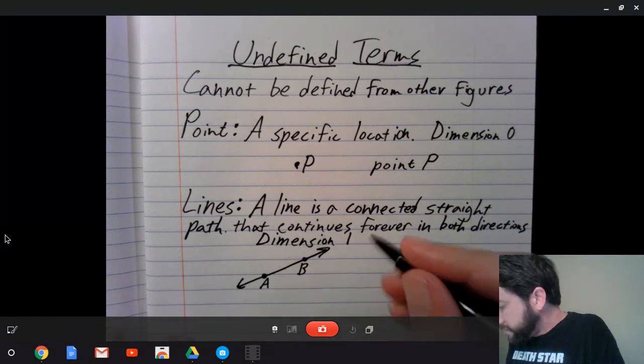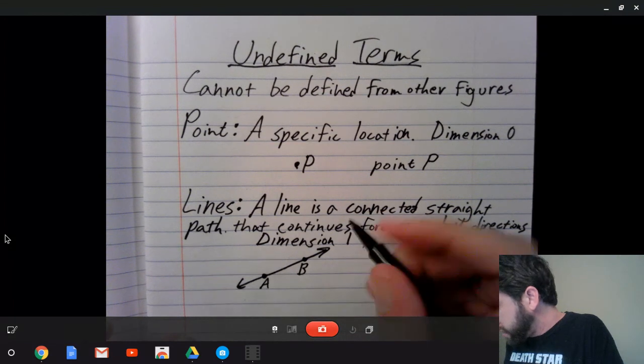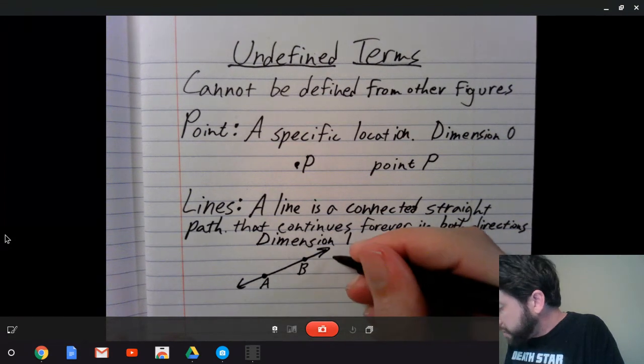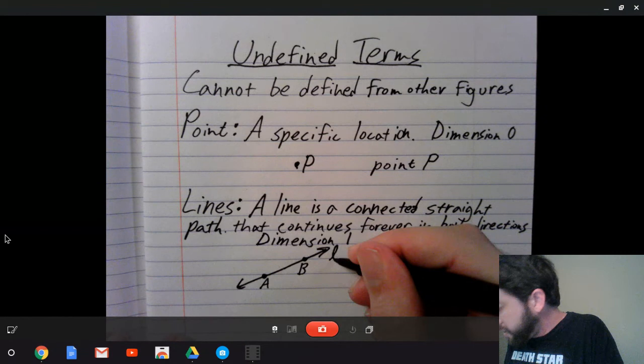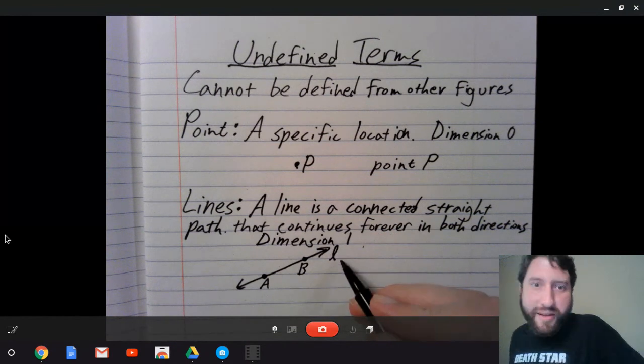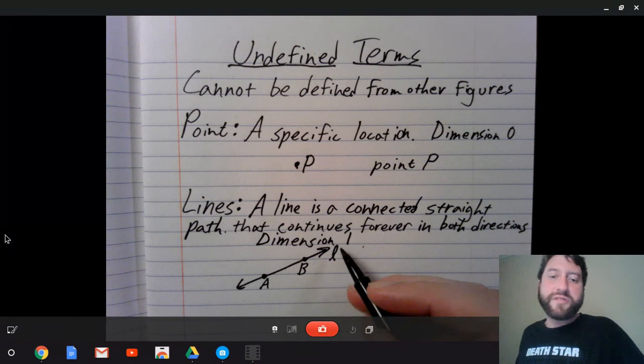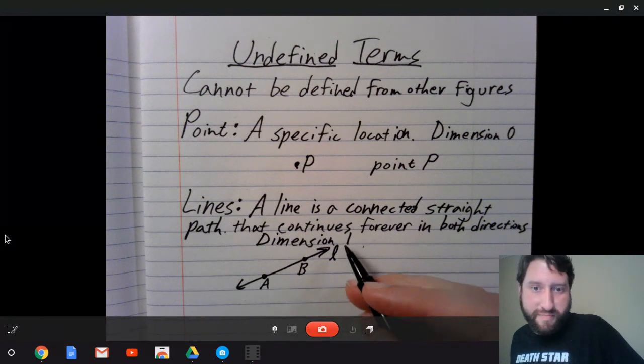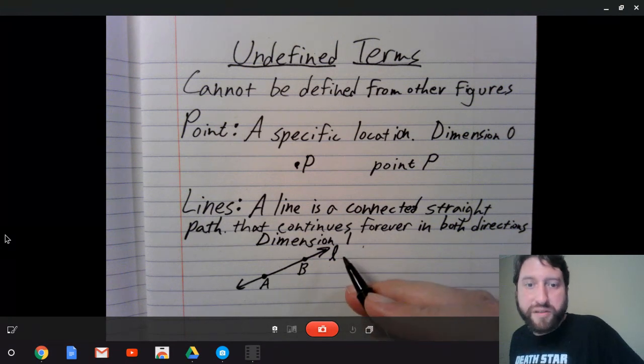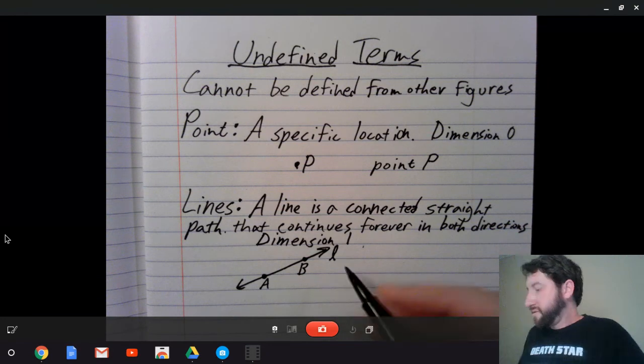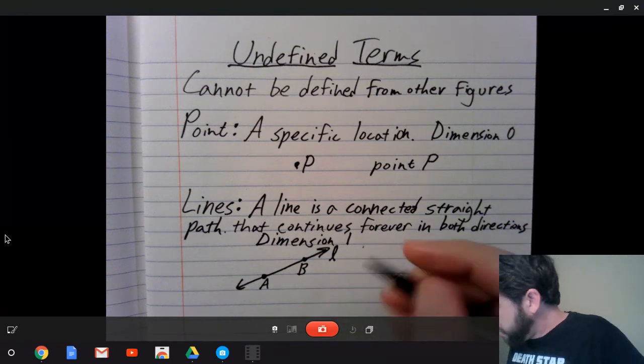Like, they can actually label this whole line. Like, I could label this line L. And usually they'll do an italic, kind of fancy looking lowercase. So just think fancy lowercase means a line. So I have a fancy lowercase L. So they could say line L.